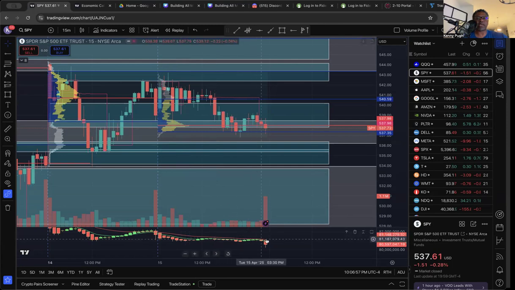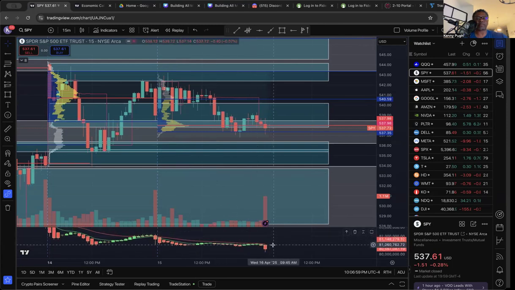And then I take a look at some of the other items that can help round out my confidence in taking a trade, like this cumulative volume delta at the bottom. That's an indicator that shows the aggressive buying and selling that's taking place.